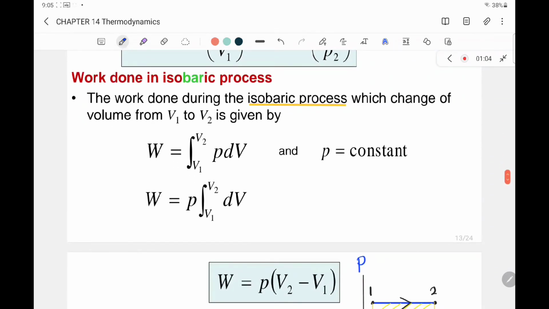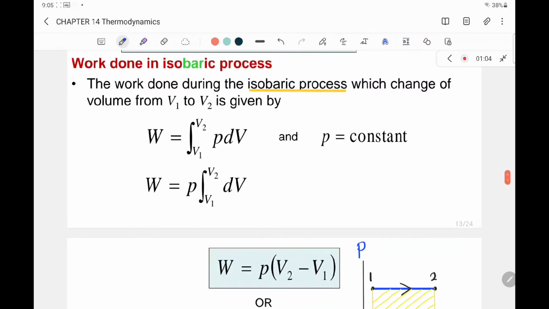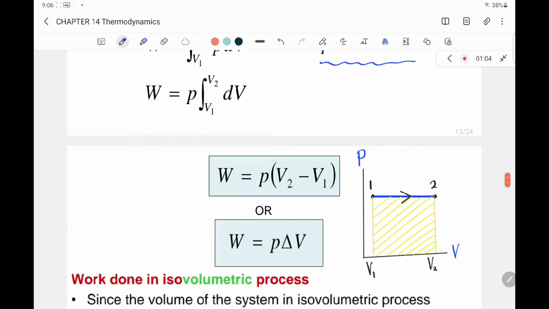Okay, now work done in isobaric process. The work done during the isobaric process, with change of volume from V initial to V final, is also the area under the PV graph. The work done is equal to the integral from V1 to V final of P dV. P is constant for isobaric process.